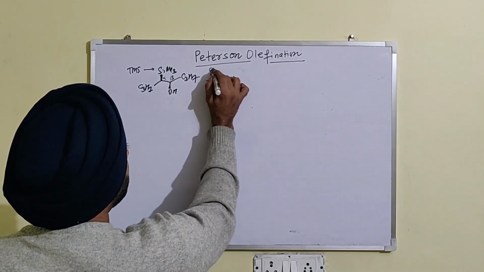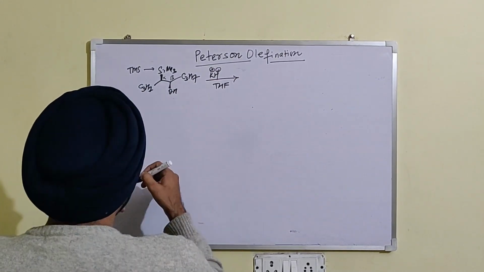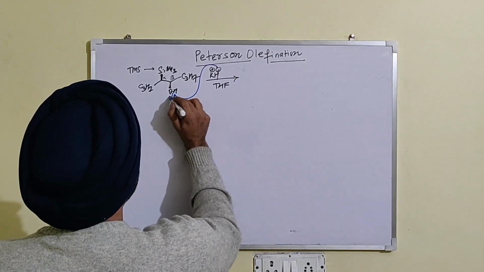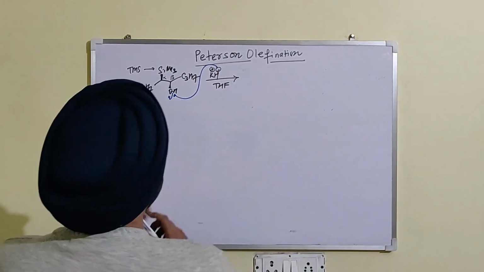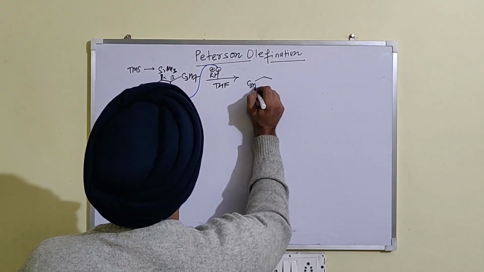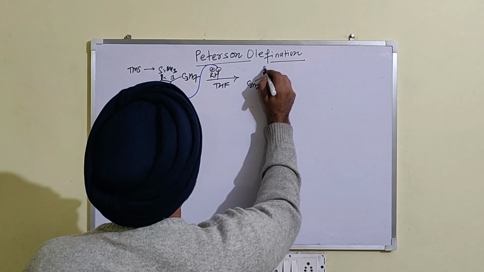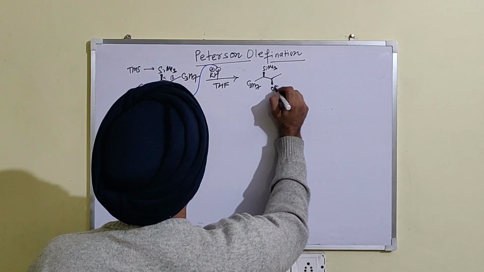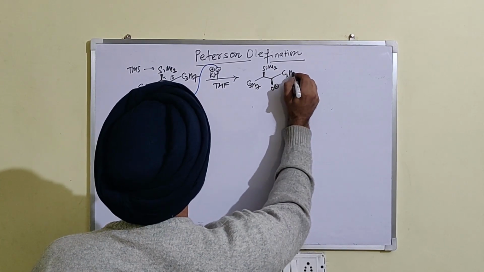Then this being a strong base, it abstracts this proton and leads to the formation of a negatively charged species, SiMe3, O minus, C3H7.